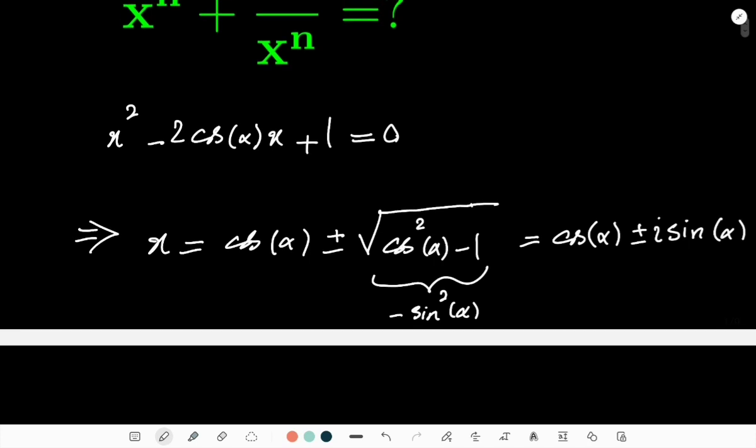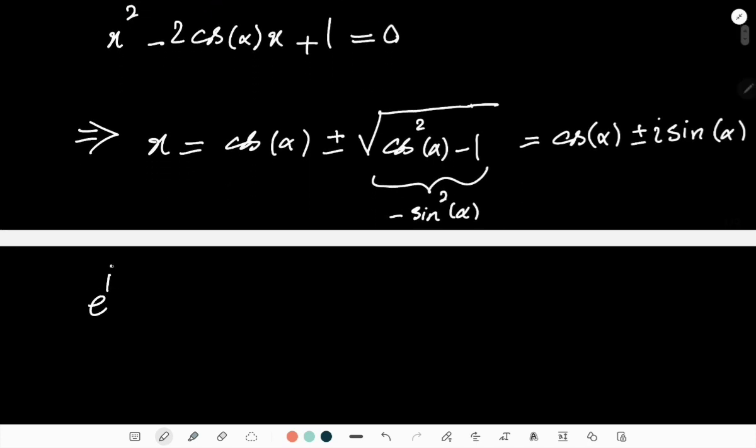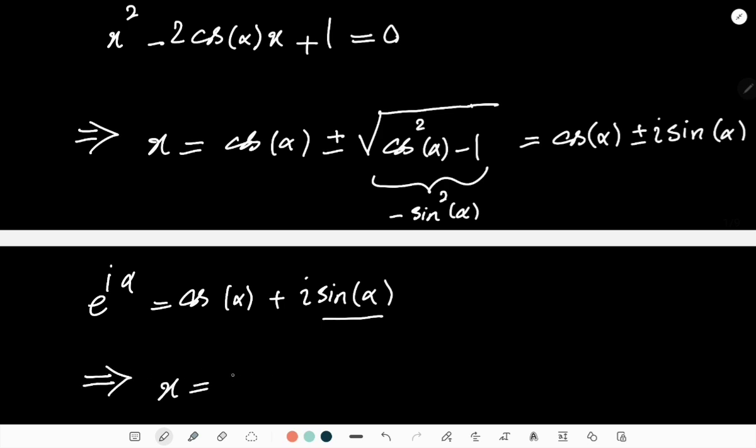The Euler formula is the following: e to the power of i alpha equals cosine of alpha plus i sine of alpha. And if alpha is negative, the only thing which changes is this term, because cosine of minus alpha is basically cosine of alpha. So I can say that x equals e to the power of plus minus i alpha. That is x, guys.